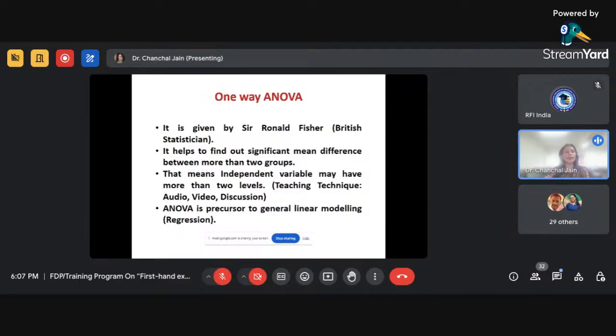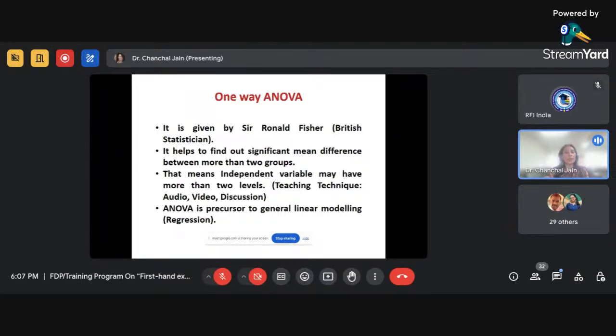When we talk about the independent sample t-test, we need one independent variable with two labels or categories. When we talk about one-way ANOVA, here also we need one independent variable, but it can have more than two groups.